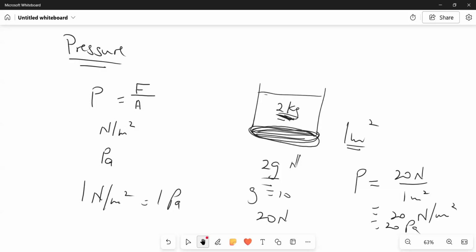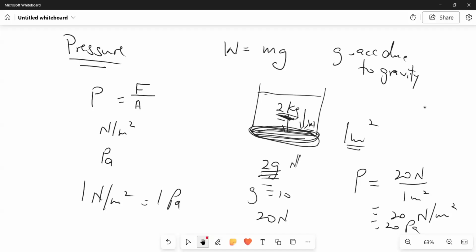Sir said, please go over it one more time. The thing is, 2 kilograms is a mass. But the formula says you're actually looking at a force, and the force that is acting on the base of this container is the weight. The weight is acting down here. Remember, weight is equal to mass multiplied by G, where G is acceleration due to gravity.